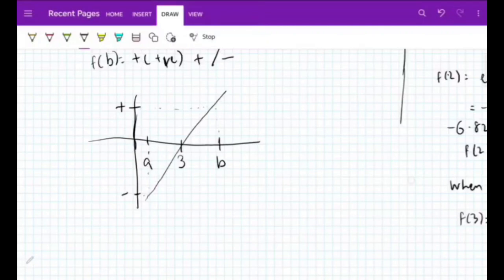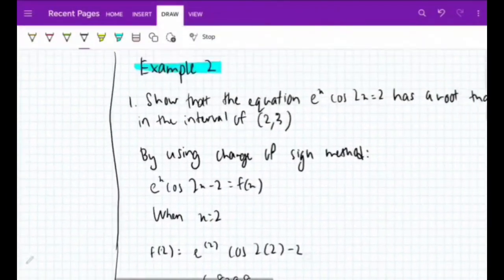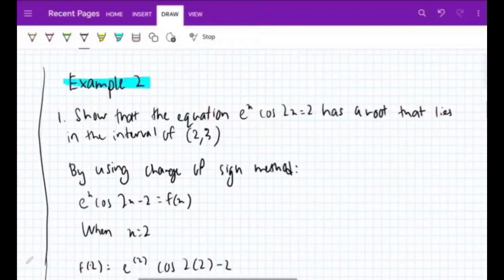How do we make a conclusion? Let's look at an example first. As we can see here, example 2. The question asks us to show, as I said, this is just for our syllabus, just confirmation, that the equation e to the power of x cos 2x equals 2 has a root that lies in the interval of 2 and 3.